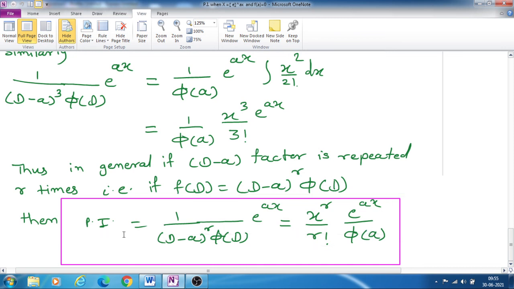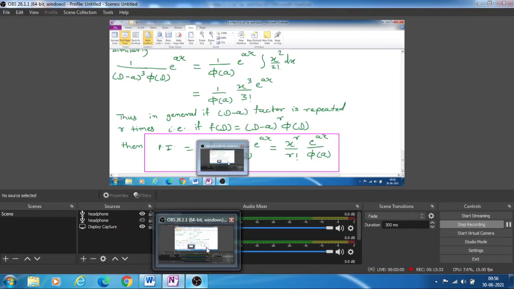So this is our formula if f(a) becomes 0, and if D minus a is a factor in f(D). So the formula for that is this. So remember this, and we have to use this formula to solve the examples. So we stop here.